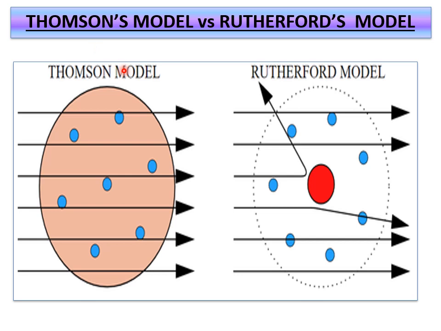So here we have to compare Rutherford's model and Thomson's model. When you see the picture here, this is the picture for Thomson's model and this is the picture for Rutherford's atomic model. Where is the positive charge placed in Thomson? This whole colored part is the positive charge, and here at the center we find a positive charge, as already discussed, that is nothing but the nucleus. And how are the electrons placed?